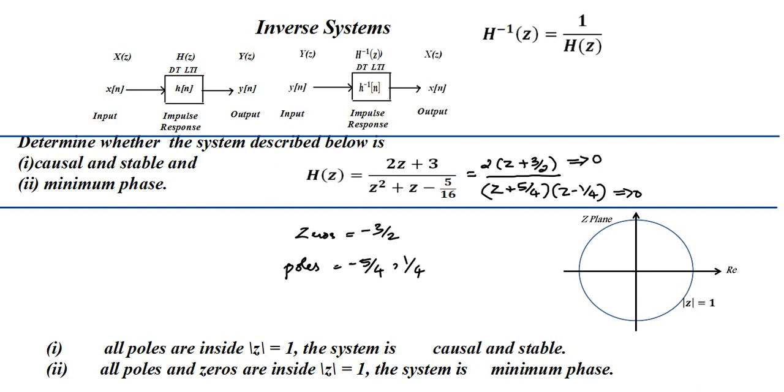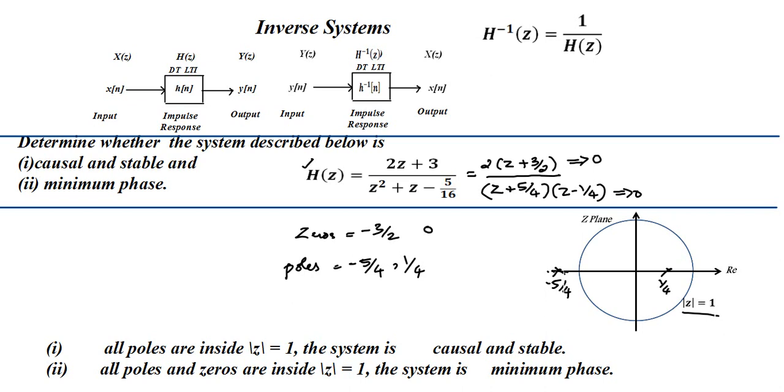Now we are checking the system stability and causality, and this is the unit circle. We can see the poles: one at minus 5/4, which is greater than 1 in magnitude, so it lies outside the circle, while 1/4 is inside. The zero at minus 3/2 is also outside the circle.